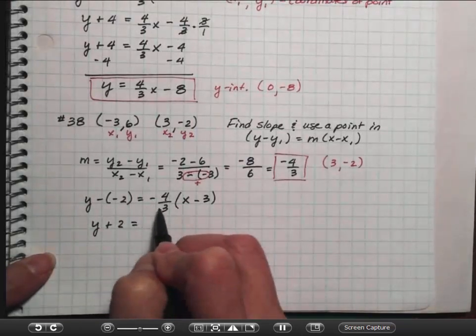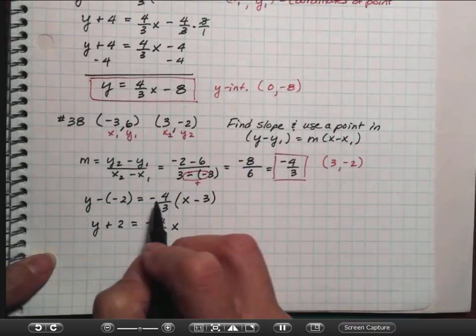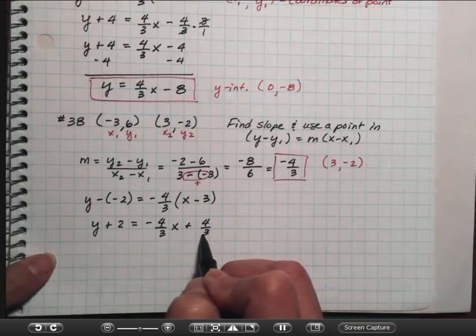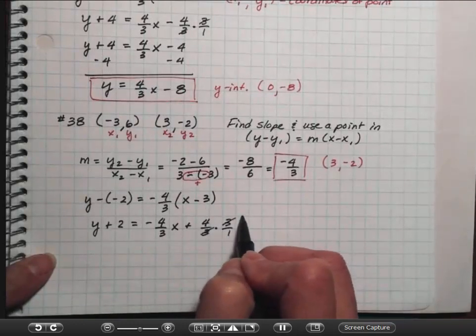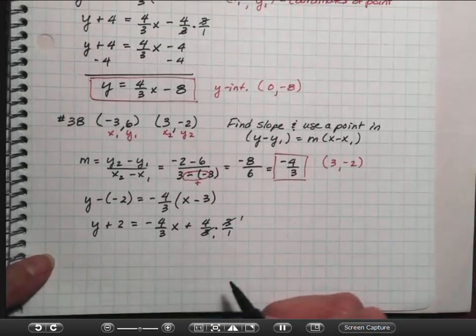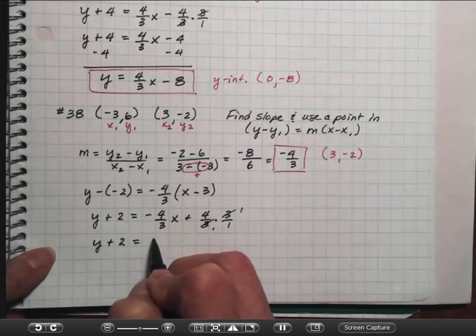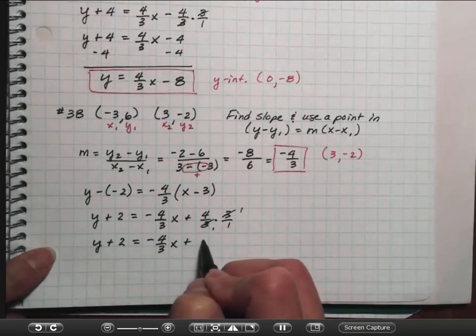On the right side, I end up with negative 4/3 x, and a negative times a negative gives me a positive 4/3 times my 3. And those will cancel out. So we're left over now with y plus 2 equals negative 4/3 x plus 4.